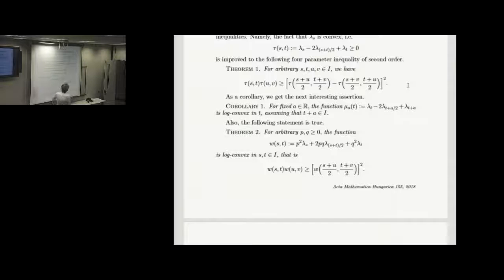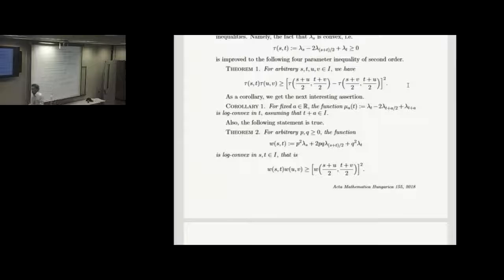So you see, this paper is from Acta Mathematica Hungarica. It's a very good journal on the scientific index. And it was published last year, so this is fresh knowledge.